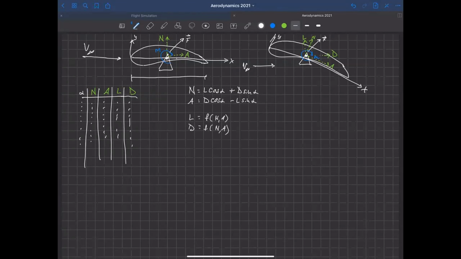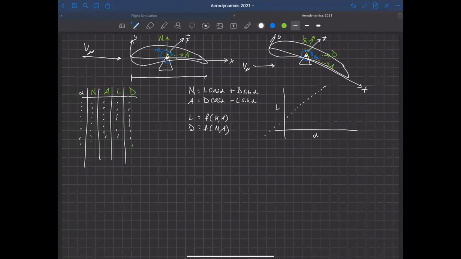Okay, great. So let's look at what these would look like. So we know that as a function of angle of attack, if I were to plot lift, and I'm so used to putting that in coefficient form, but let's just say it's lift like this, then we would expect from thin airfoil theory that data to be pretty linear, and that's exactly what we're going to find. We're going to find that lift data is really close to linear.